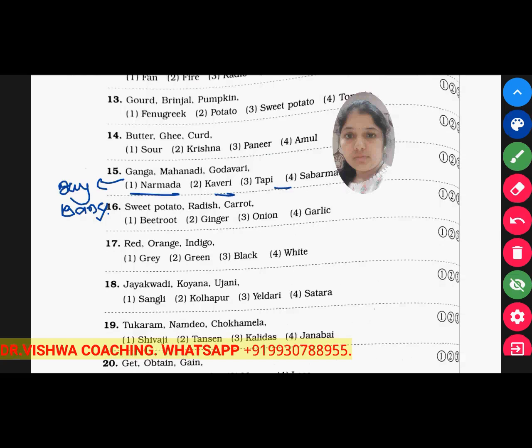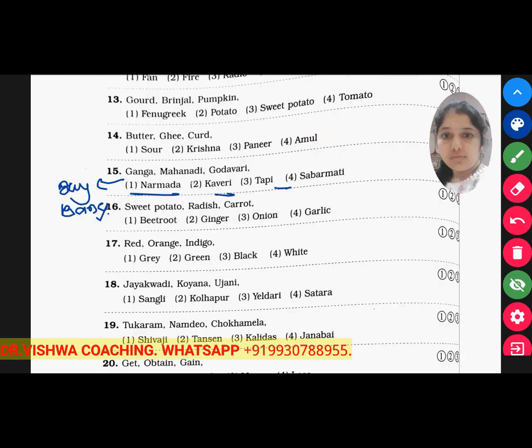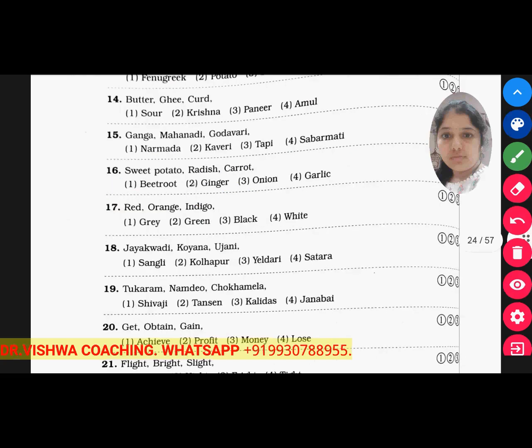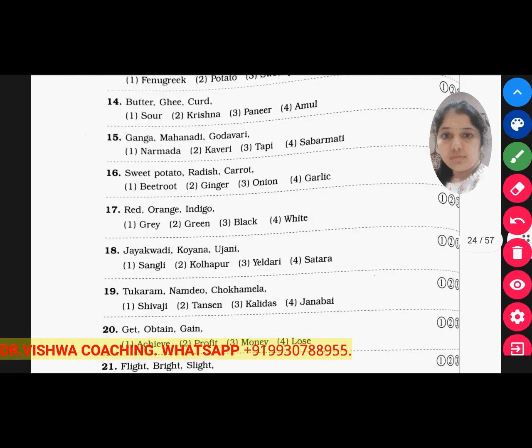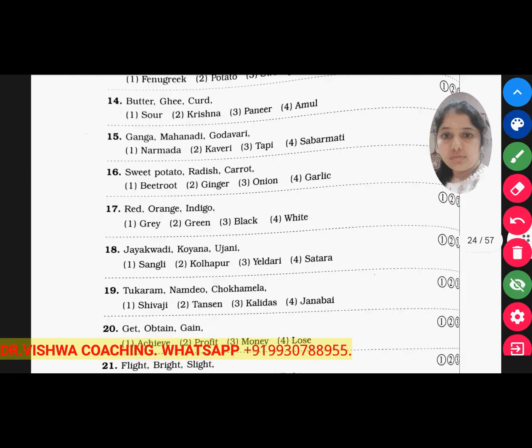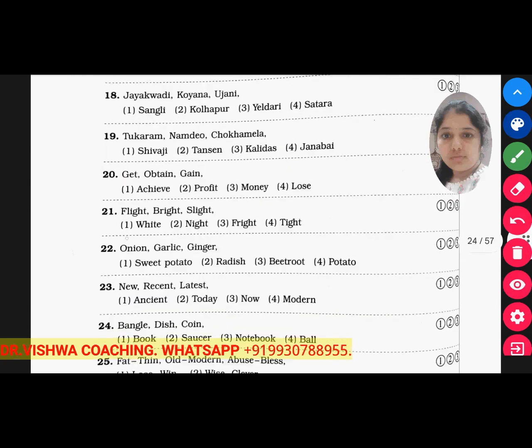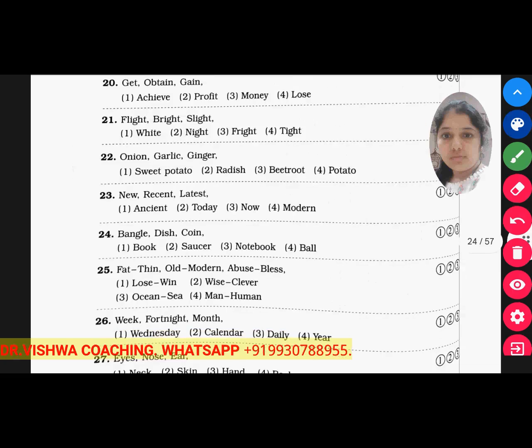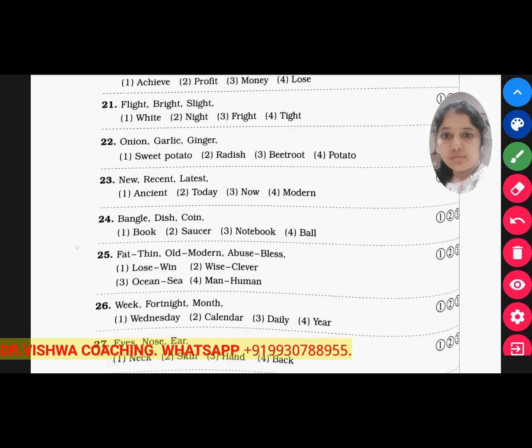Narmada, Kaveri, Tapi, Sabarmati are the given options. So Kaveri is the correct option here. Sweet potato, radish, carrot, all are root vegetables. The given vegetable that matches the group is beetroot, because it is also a root vegetable. Okay, so you can solve the remaining.